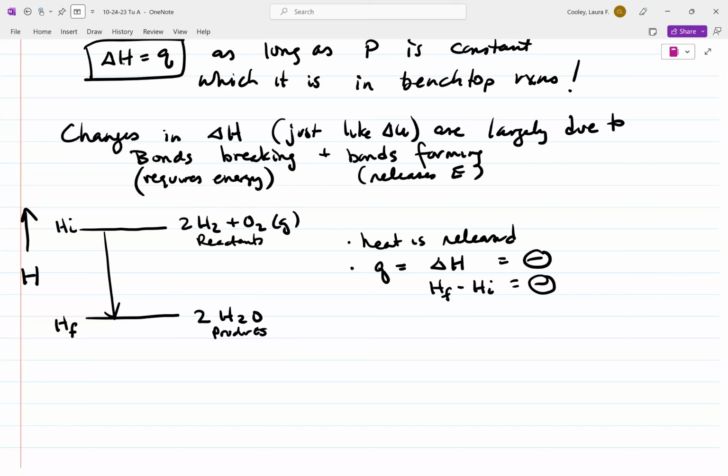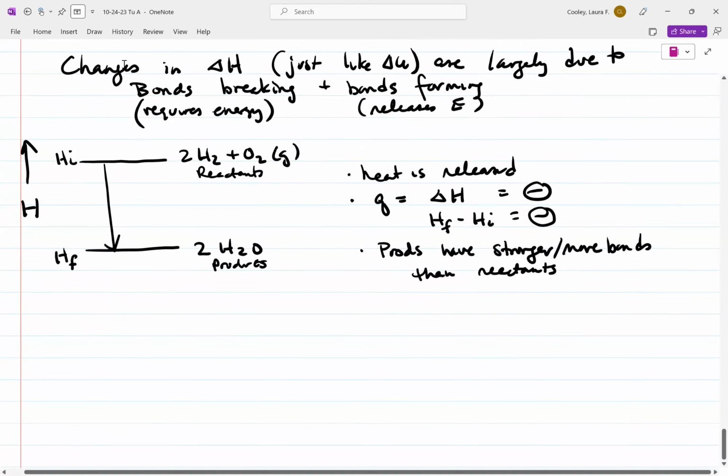Okay, so this is all just what I did for delta U before. It means that the products have stronger or more bonds than the reactants, just like when we talked about delta U.